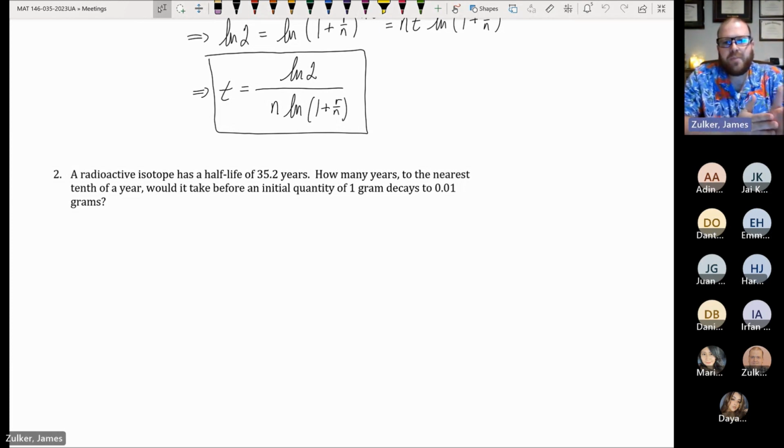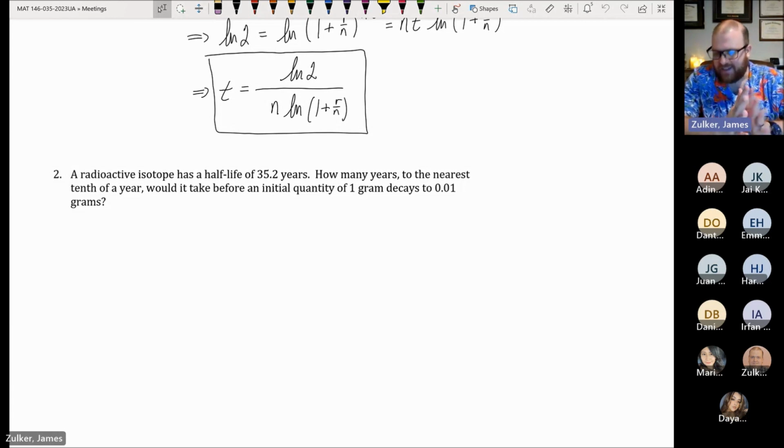So if we're given a certain amount of radioactive isotopes, in this case, I'm just going to work with what they give us. Say we're given a certain amount of a radioactive isotope that has a half-life of 35.2.